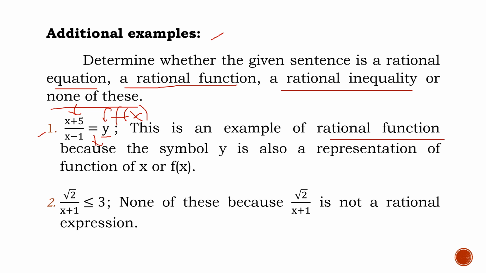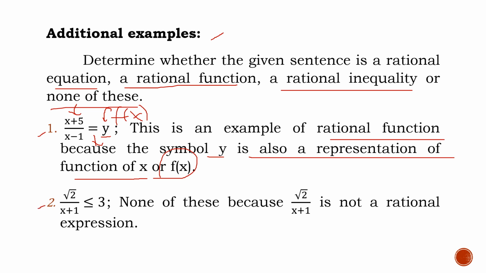Because of the symbol y, it is also a representation of the function of x, or f of x. We just simply replace f of x by using the letter y. Again, in dealing with a rational function, you're dealing with two variables, your y and x, wherein y is for one side of your function and x is the variable involved in the ratio between your two polynomial functions.